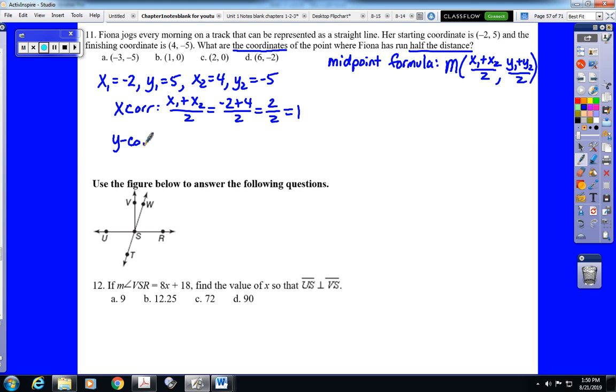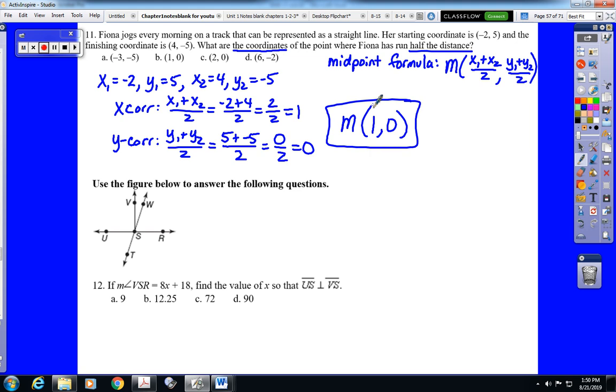And for the y coordinate, y1 plus y2 divided by 2 is 5 plus -5 divided by 2, or 0 divided by 2 is 0. So our midpoint M is the point 1, 0, or letter B.